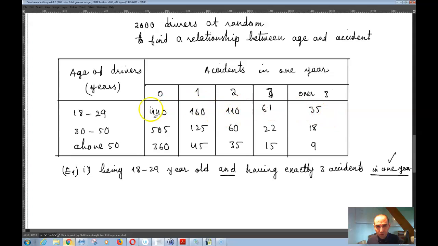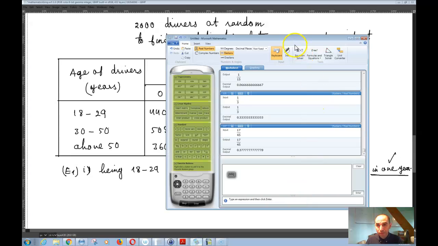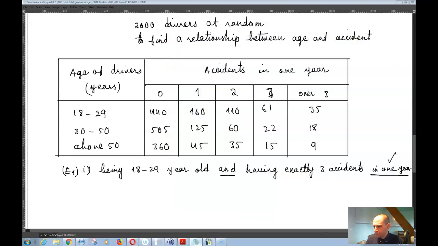That means that if you add all of these numbers together, you'll get 2000. If you have 440 plus 505 plus 360 plus 160 plus 125, 45, 110, 60, 35, 61, 22, 15, 35, 18, and 9, you get exactly 2000.